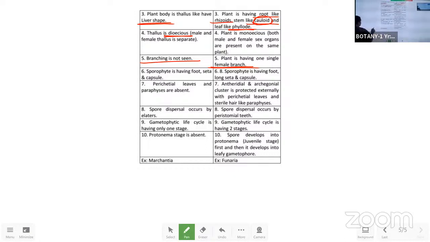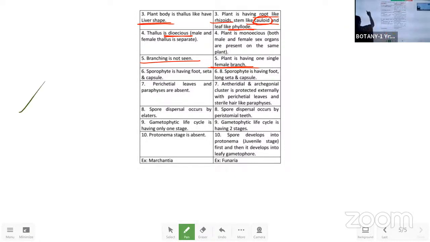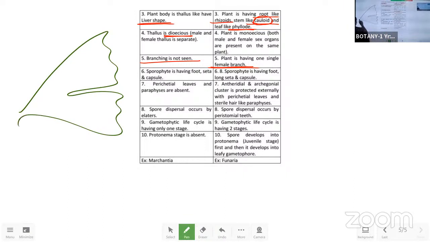That is Marchantia. This is Marchantia. There is no specific distinguishing of root, stem and leaves, so that is the thallus, what we can say. The thallus is in this Marchantia only.